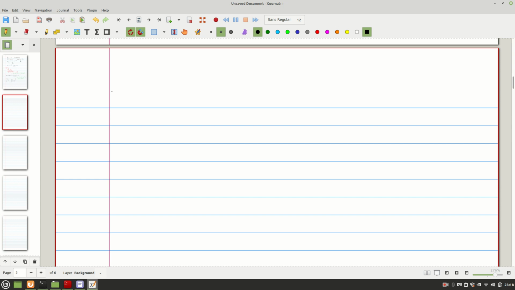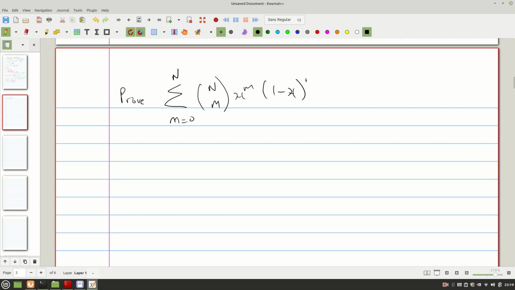So first, we need to prove the following: that the summation from m equals 0 until n of n choose m, mu to the m times 1 minus mu to the n minus m, is equal to 1.